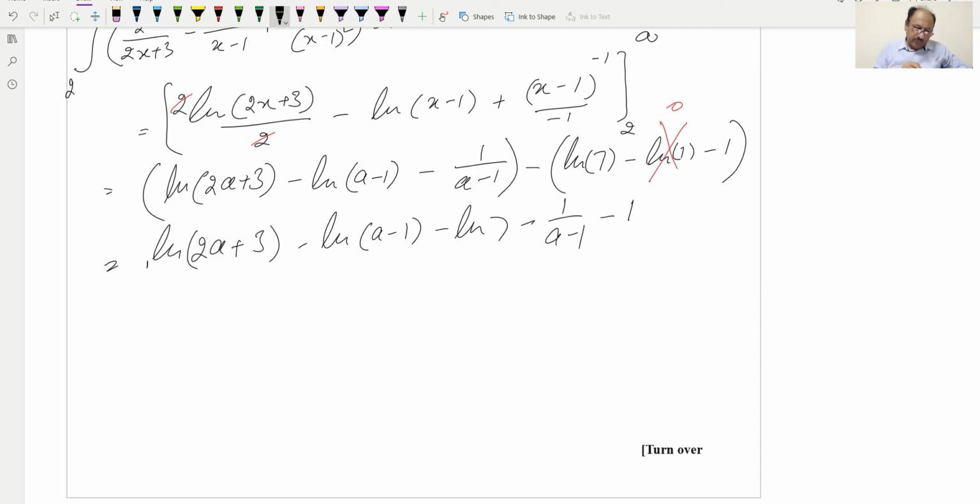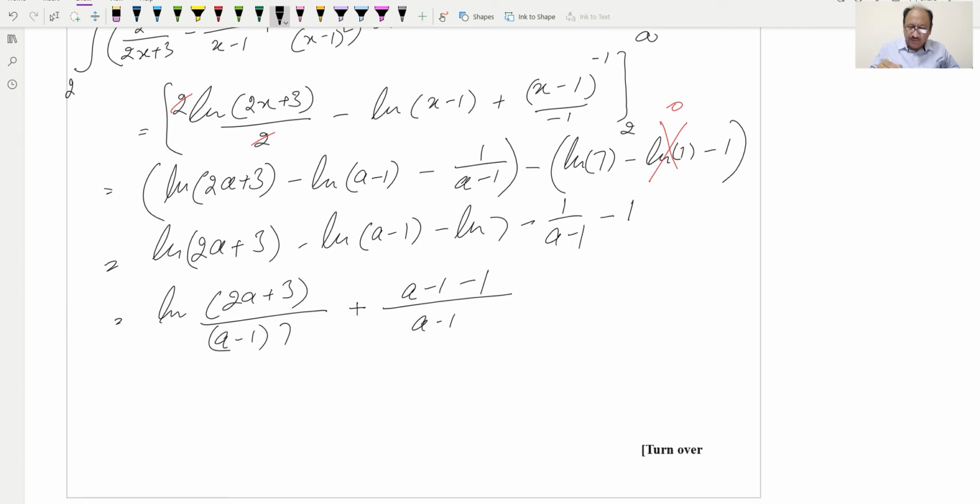Now we can combine these three logs, and by the log rule we can write log of a minus b minus c as log of a over b minus c, so it will be log of 2a plus 3 divided by a minus 1 into 7. This portion we can write with the LCM, so it will be plus, we can write this as a minus 1, and this will be a minus 1 and minus 1.